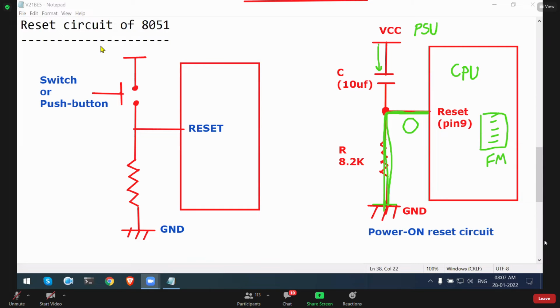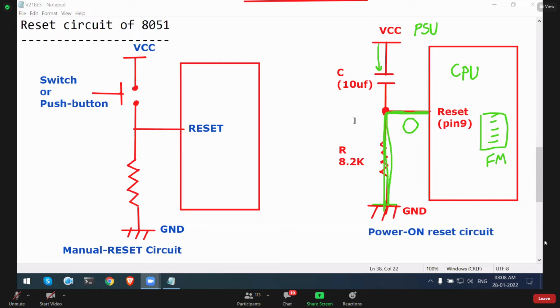Okay, and this side is VCC. This is called the manual reset circuit. Actually, it is an RC combination.